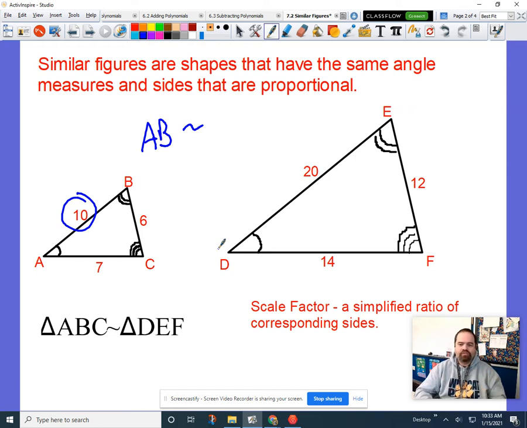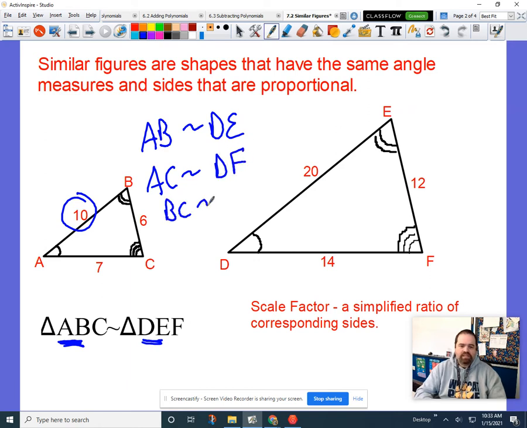So just to kind of get your feet wet, this segment AB, the first two letters here, is proportional to DE. So what we'll eventually get to is you'll be able to set those two pieces up in a ratio to help you solve a proportion. And then I just want to run down the line here. AC is similar to DF. And then the last one, BC, is similar to EF.